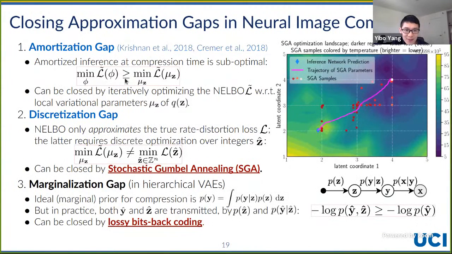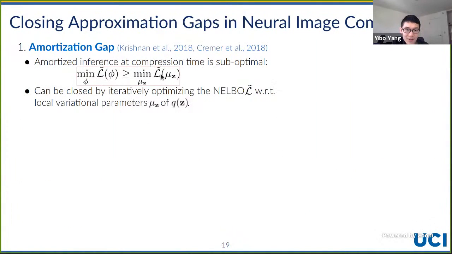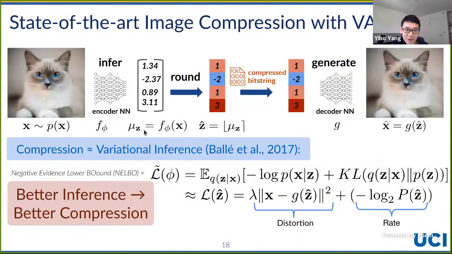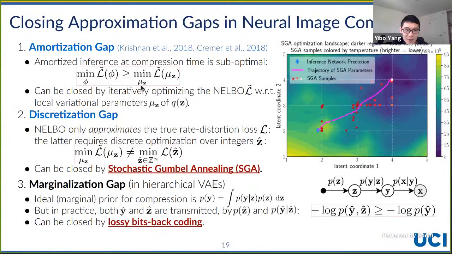The first idea is rather simple. If we can optimize this compression loss directly over the encoding, so mu of z, which is what I wrote here as the output of the encoder network, then we should be able to do better than the naive encoding computed by the encoder neural network. This is done by just minimizing this negative ELBO loss with respect to the parameters of the Q distribution, the inference distribution.